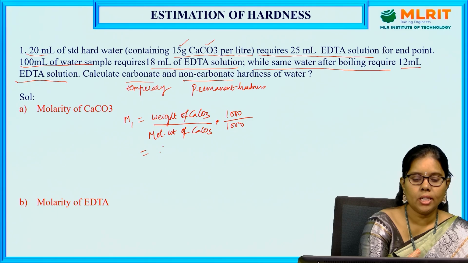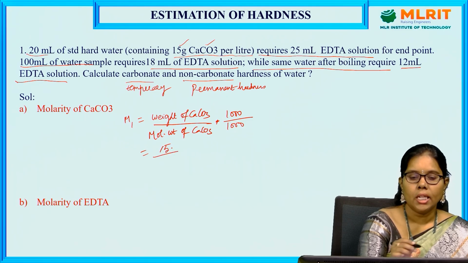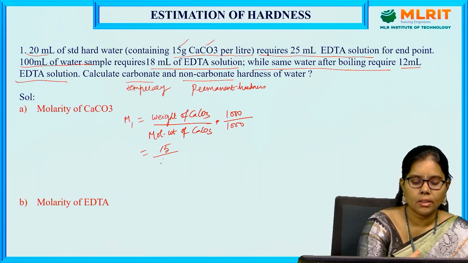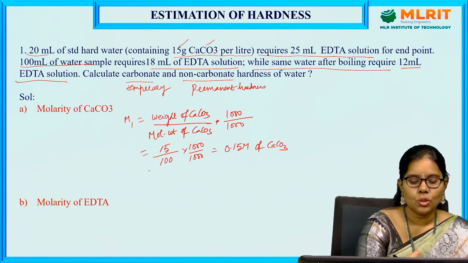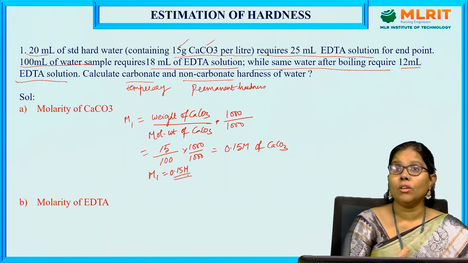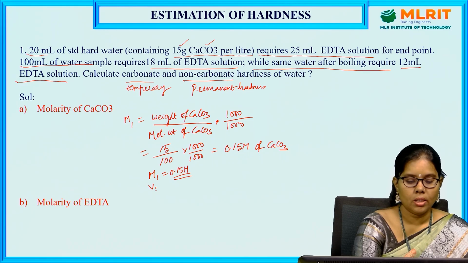What was the weight they have given? 15, by the molecular weight of calcium carbonate, which is 100, which gives 0.15 molar of CaCO3. So we got the M1 value as 0.15 molar. What is the value of V1? V1 is 20 ml.